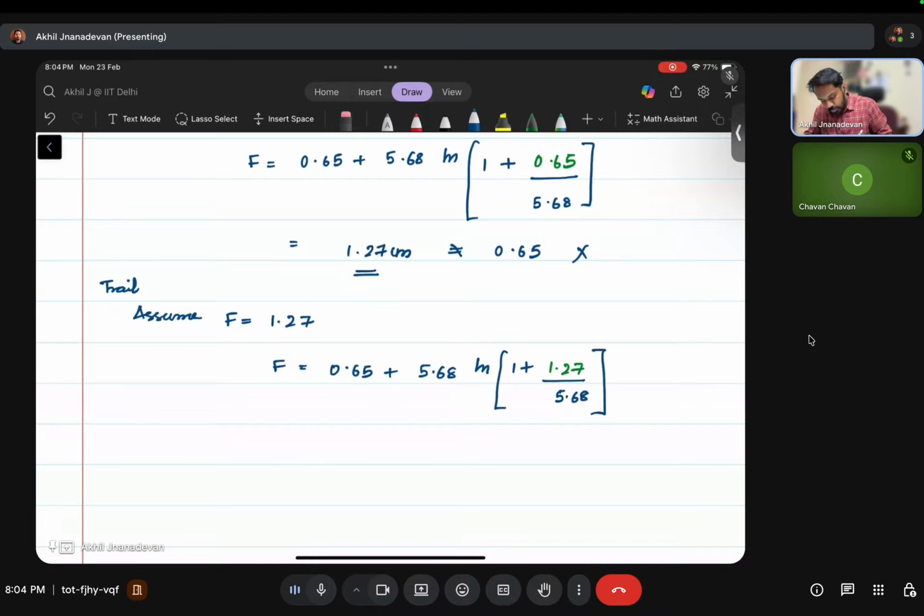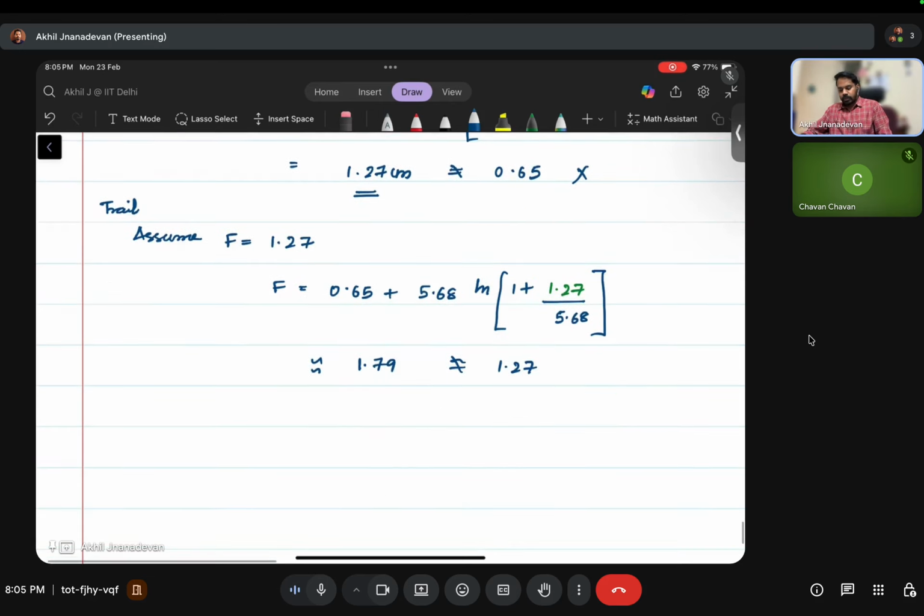If you solve it in the calculator, it will be coming around 1.79, and this is also not equal to 1.27, right? So our assumption and whatever we are getting from the trial is not matching, but still the error is less compared to what we got, the error we got here.